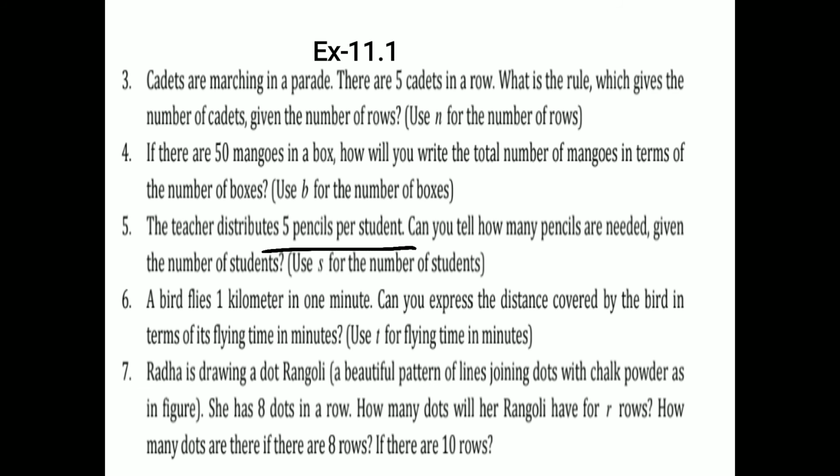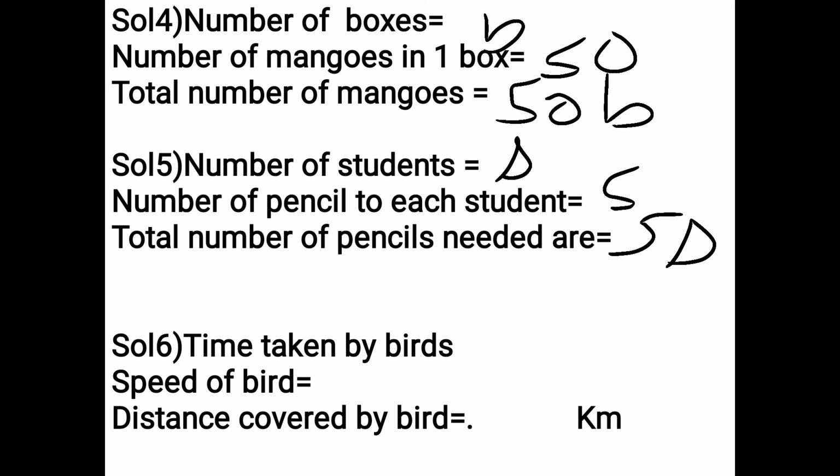Clear? Now question 6. A bird flies 1 kilometer in 1 minute. Kilometer is a distance. So this is speed, that is 1 kilometer per minute. Clear?